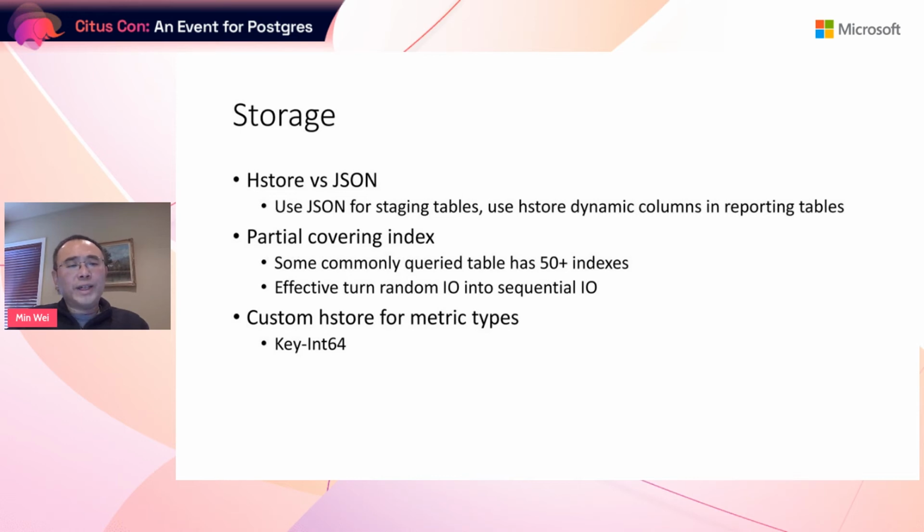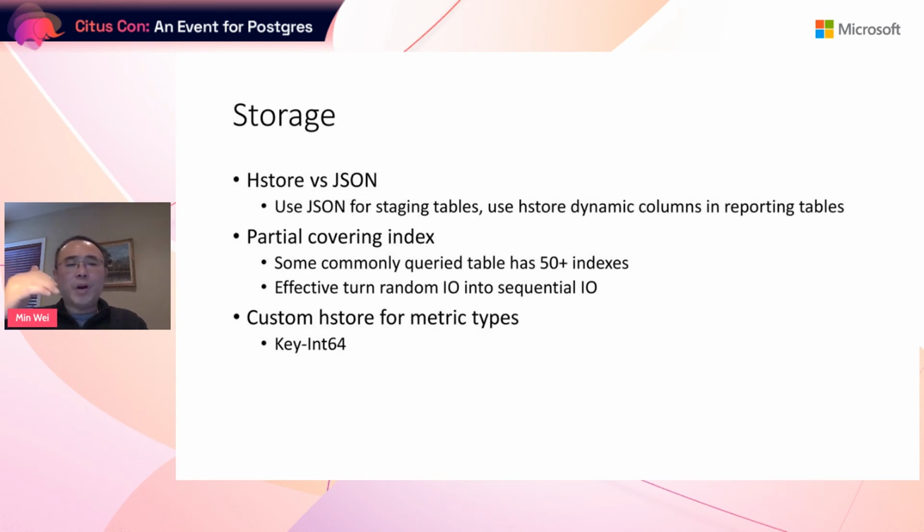For the staging tables, as we talked about at the beginning with the data mesh, JSON is very flexible and can handle quite complex data types, so I can model that easily. Then during the reporting table cooking time, we either flatten the JSON or pick a subset of JSON columns and put them into HStore types to serve as dynamic columns.